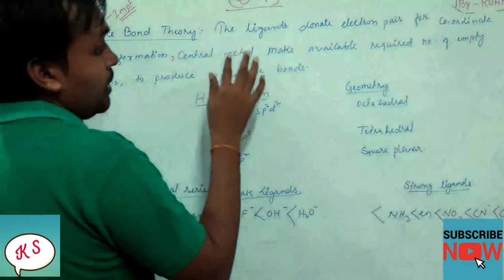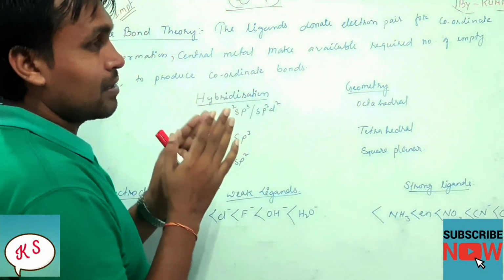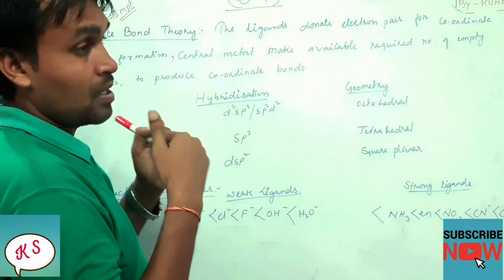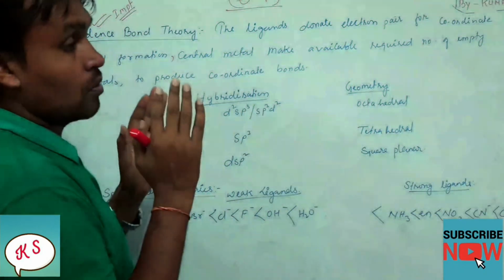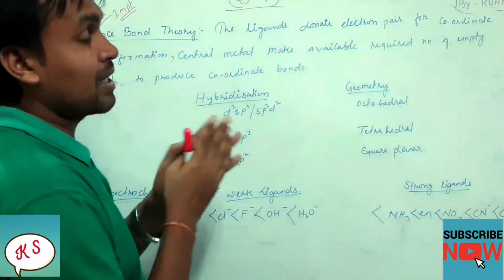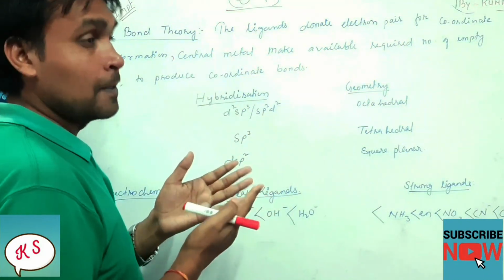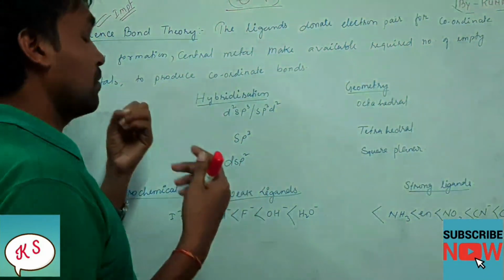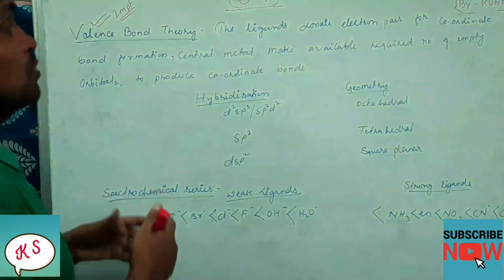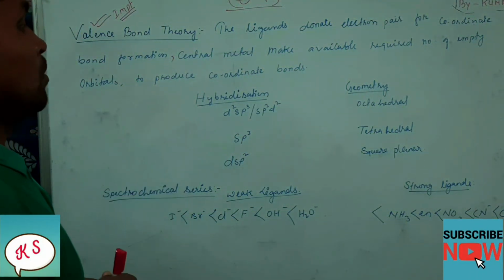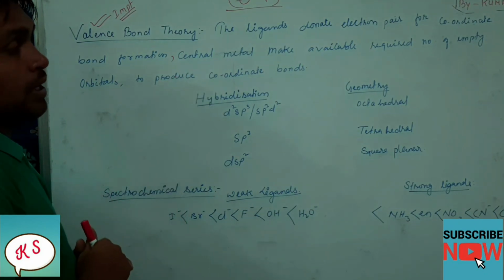So these central metal atoms make available the required number of empty orbitals, which will be required for the formation of coordinate bonds.